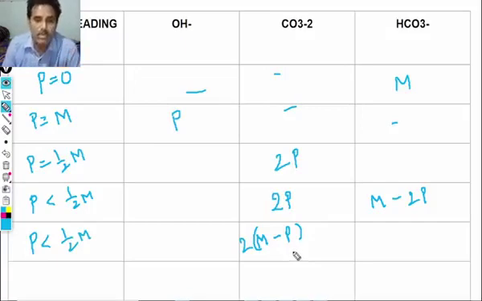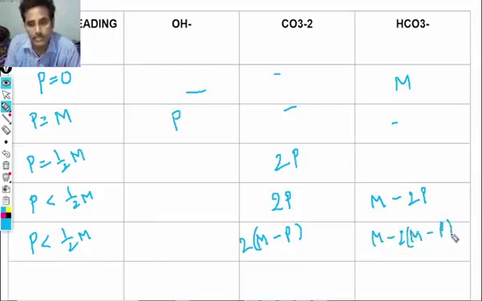When you know the amount of the carbonates, how can you know the hydroxyls? M minus 2 into (M minus P), so M minus 2M plus 2P.